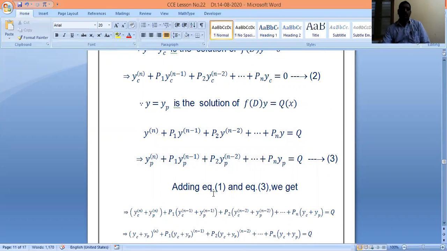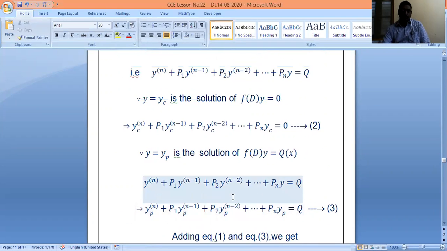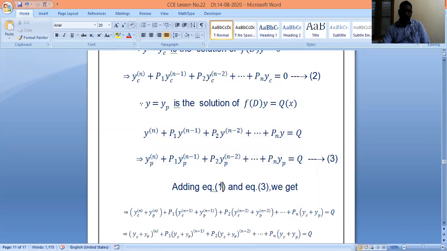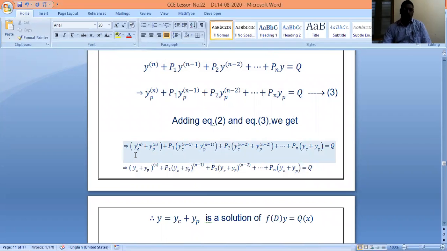Now adding equation 2 and 3, that implies yc to the power of n plus yp to the power of n plus p1 into yc to the power of n minus 1 plus yp to the power of n minus 1 plus p2 into yc to the power of n minus 2 plus yp to the power of n minus 2, and so on, pn into yc plus yp is equal to q.